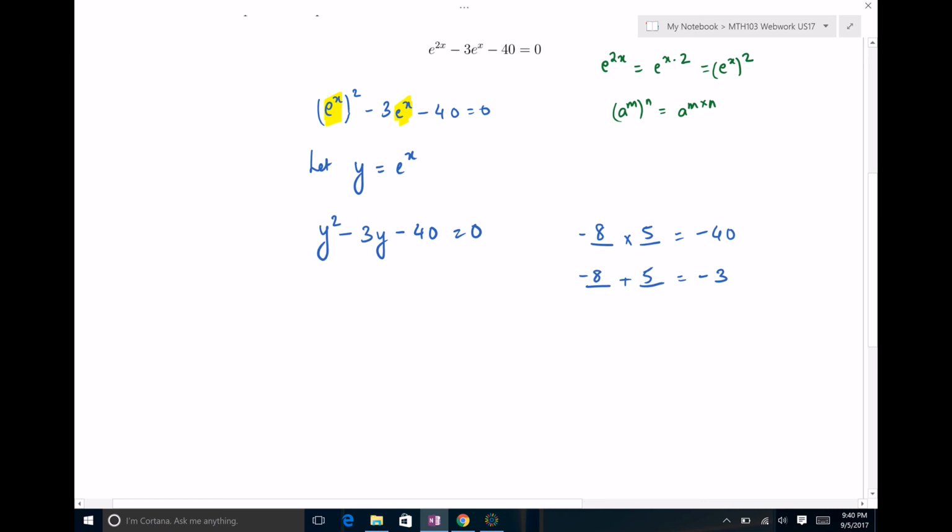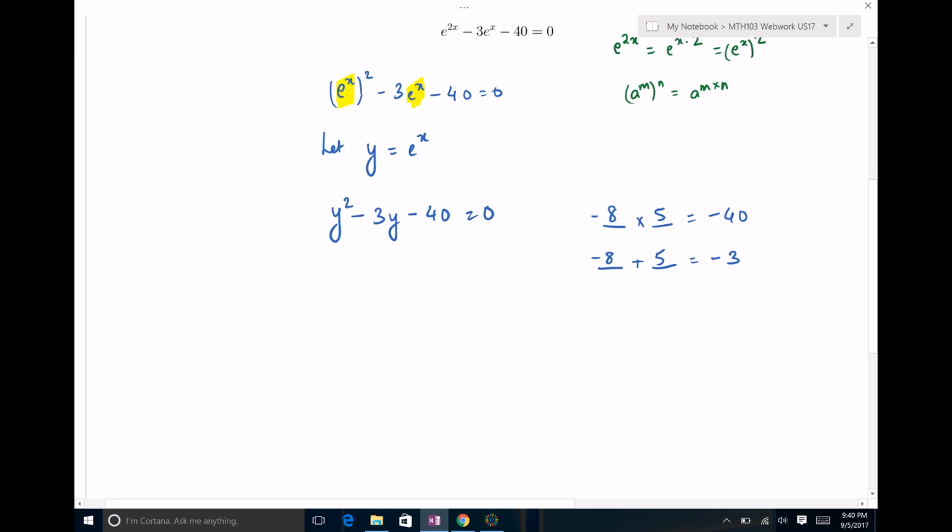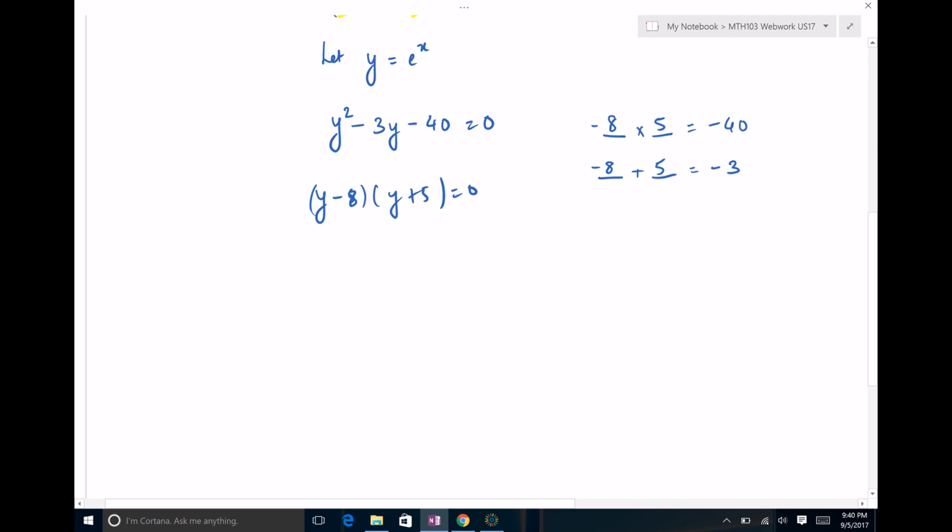So this equation factors as y minus 8 times y plus 5 equals 0. So this could mean one of two things. Either y minus 8 is equal to 0 or y plus 5 is equal to 0.